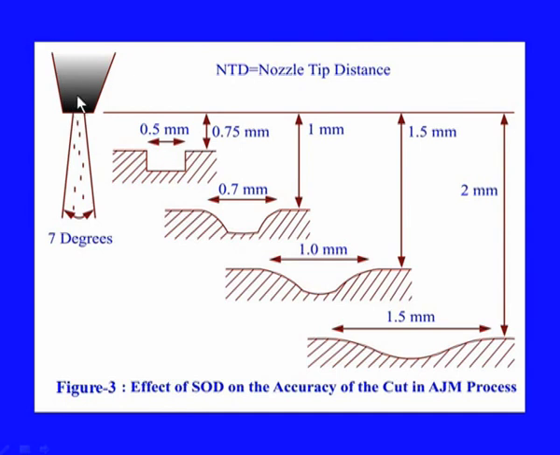Of course, this is shown in the vertical configuration, which can be made inclined as well depending on the requirement. In the end, let us summarize what we have discussed in this particular session.